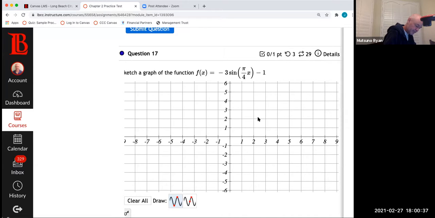So period for sine, 2 pi over pi over 4 in this case. The pi's reduce out and we just get 8. Now I'm going to break it up into 4 pieces. So this graph, I'll go here.